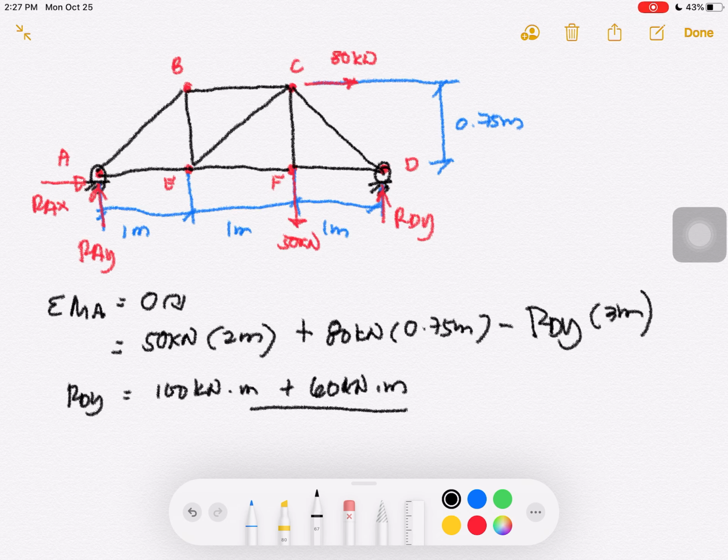Then divide both sides by 3, and your RDY is now 53.33.